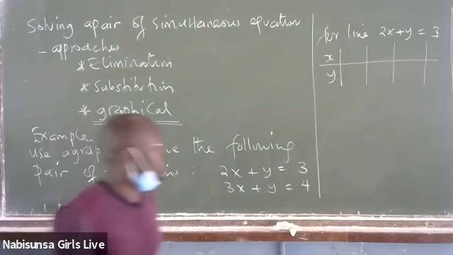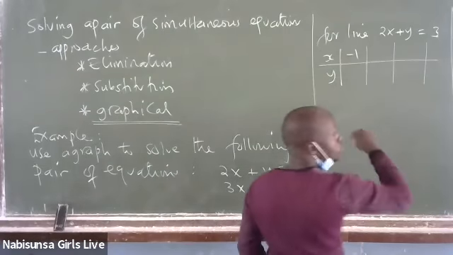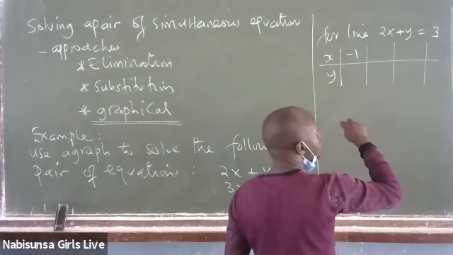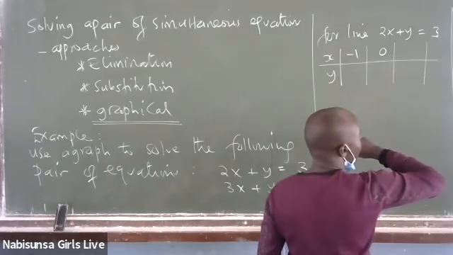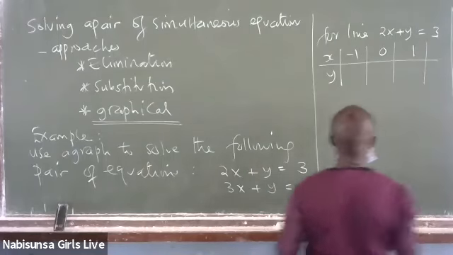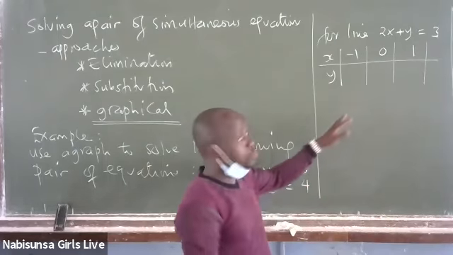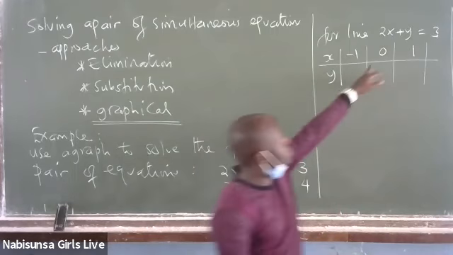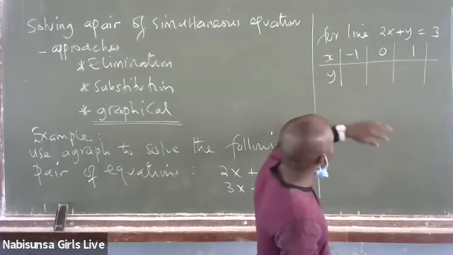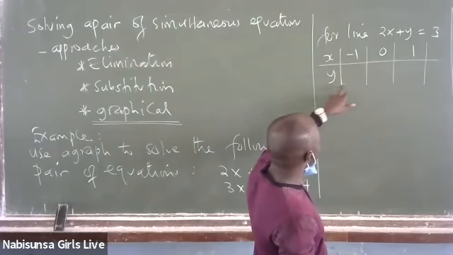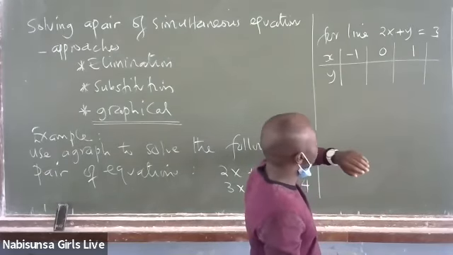-1. You have -1. 0. And 1. Good. So our relationship between x and y is that twice x added to y will give you 3. So we are going to look for what will happen to y when x is -1.